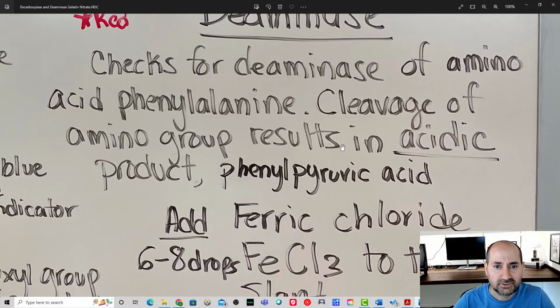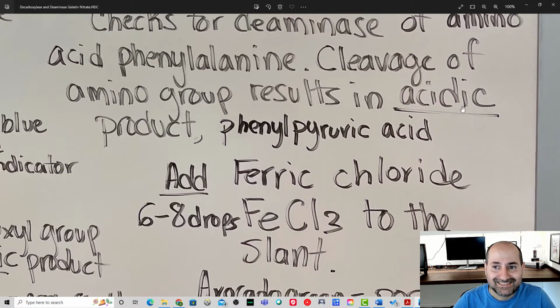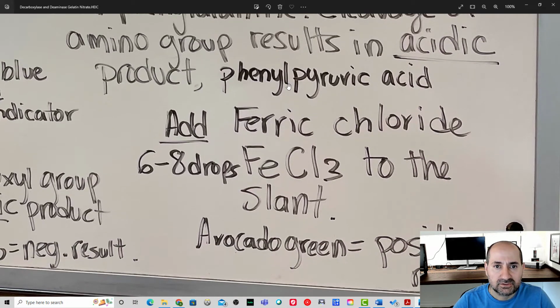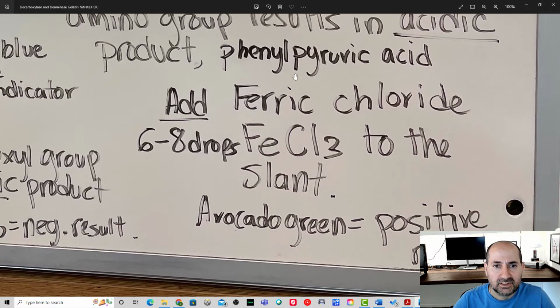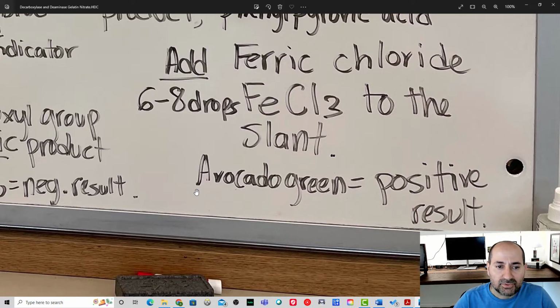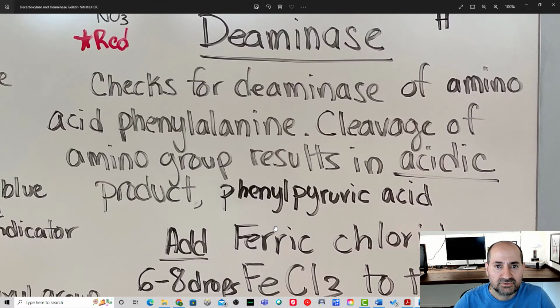Cleavage of this amino group results in an acidic product this time, called phenylpyruvic acid. How did we test for that? Do you recall after incubation we added a reagent called ferric chloride, or FeCl3. And remember that an avocado green color shift was indicative of a positive result. So we were looking for an avocado color shift.